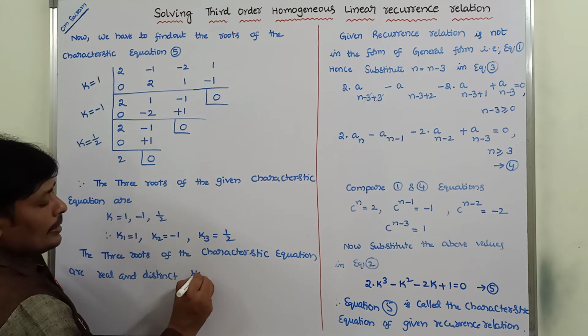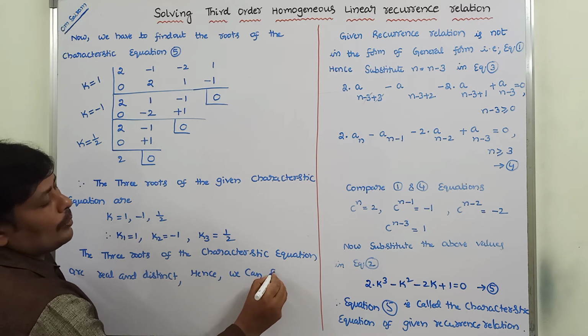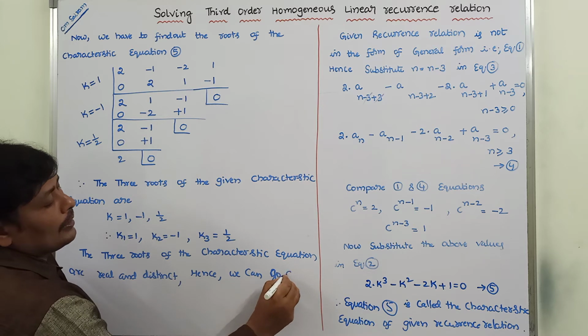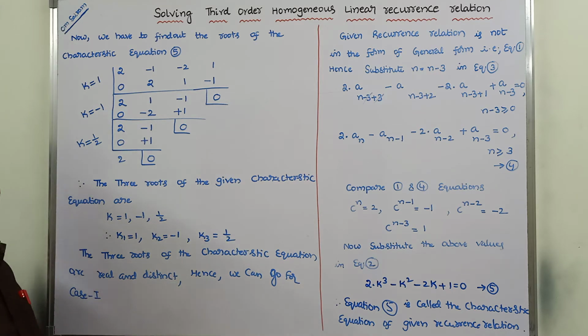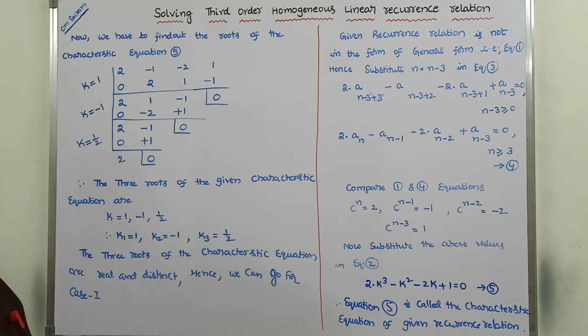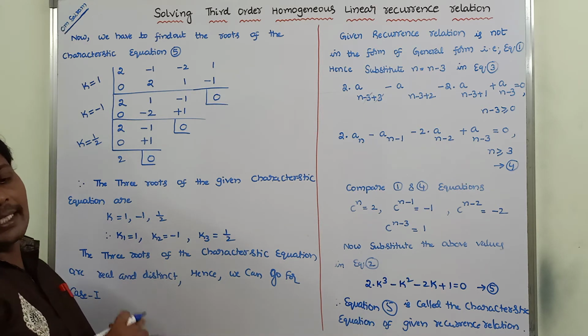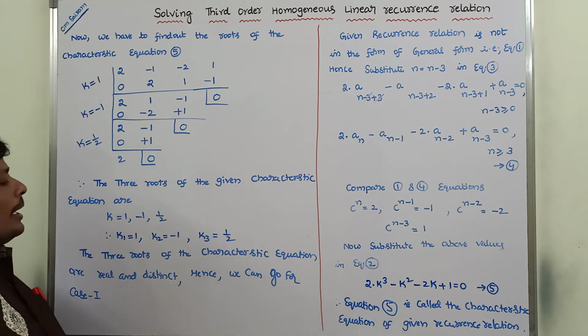So hence we can go for which case? We can go for case 1. We already know that case 1 is nothing but the three roots of the given characteristic equation are real and distinct. Then we can go for case 1. Here the three roots are real and distinct. Hence we can say that we can go for case 1.